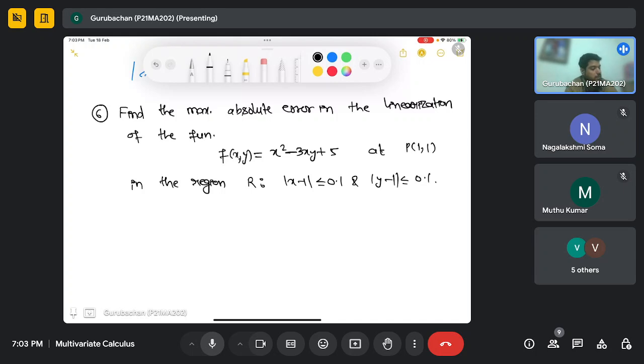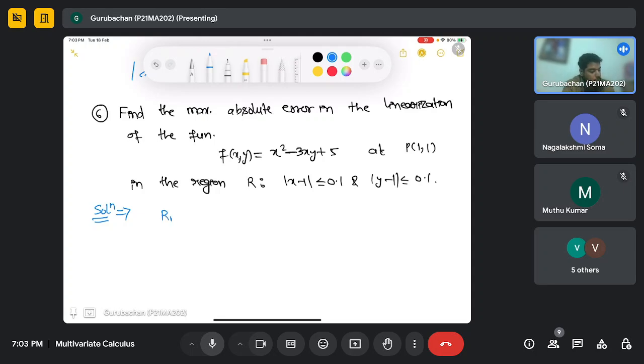So what does the linearization technique say, or what is the linearization error? This is from the lecture on error approximation.